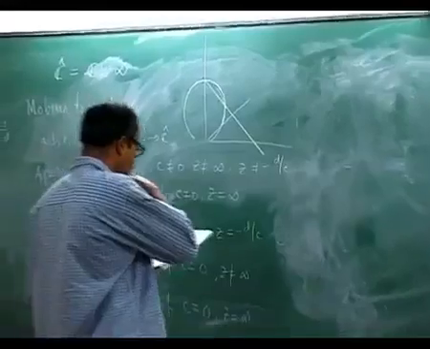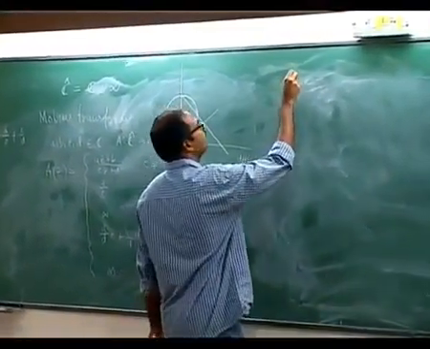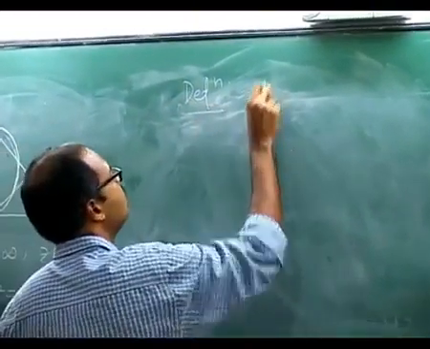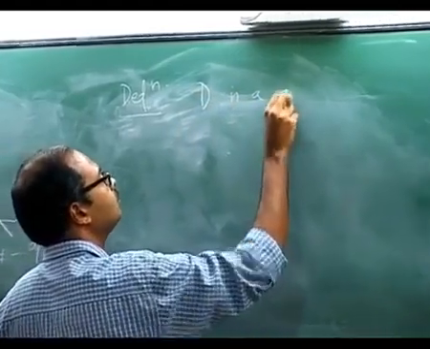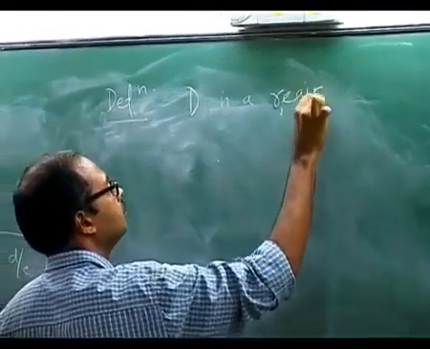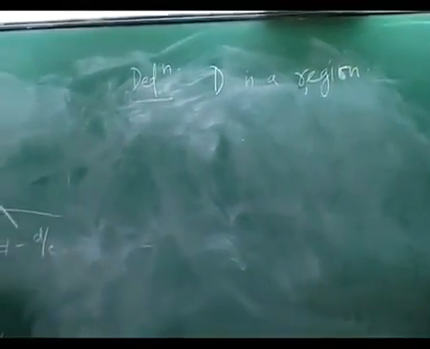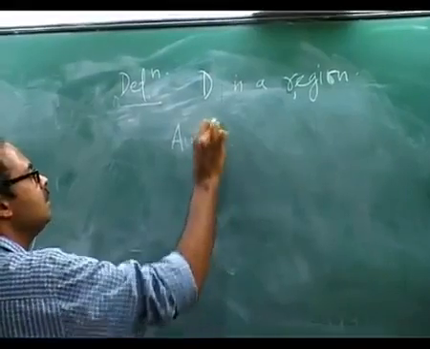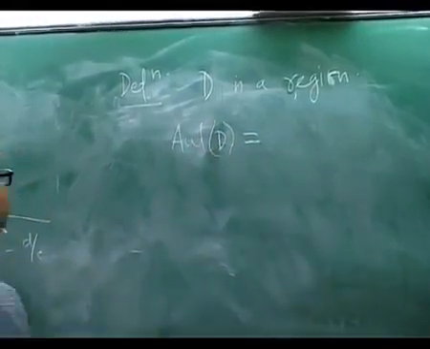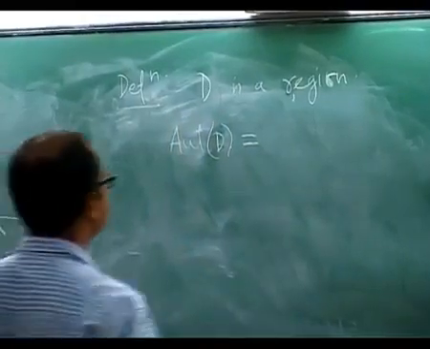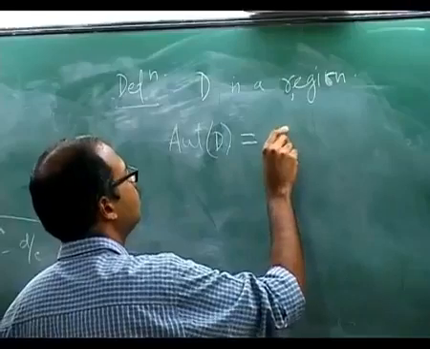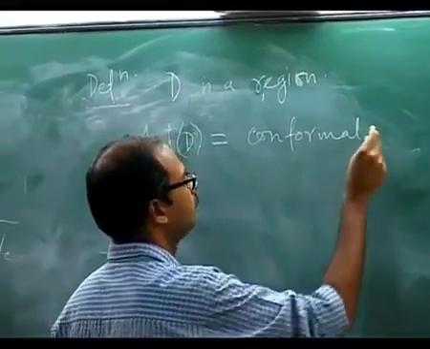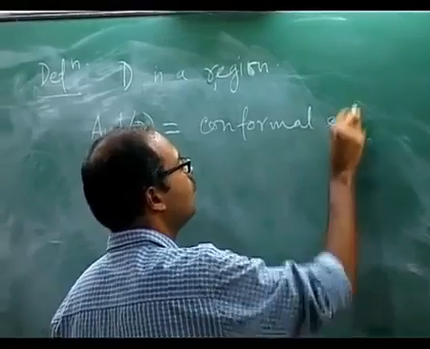So I just take a definition. So if D is a region, so an open connected set, then the automorphisms of D, these are a set of conformal self maps.